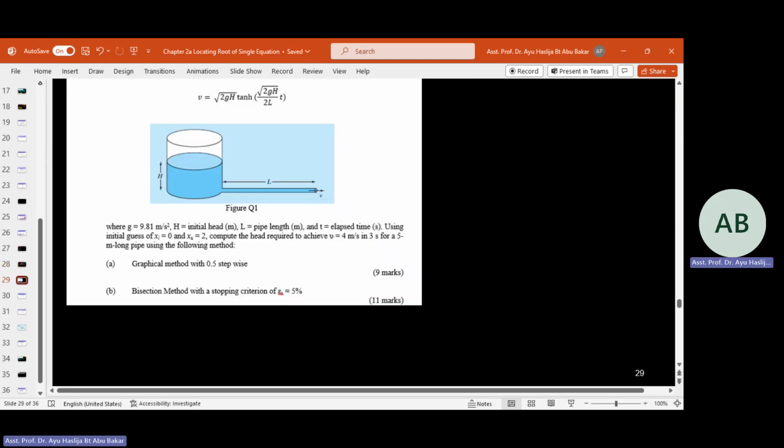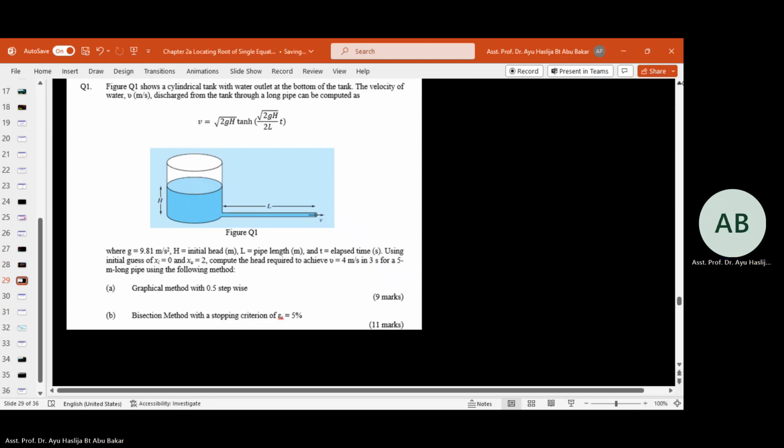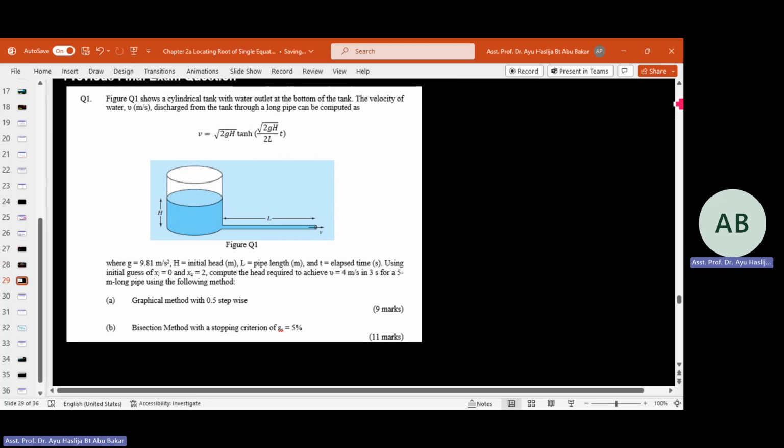Okay, now let's try this question from last time, now using false position. We had done it with graphical and bisection. Now try with false position.